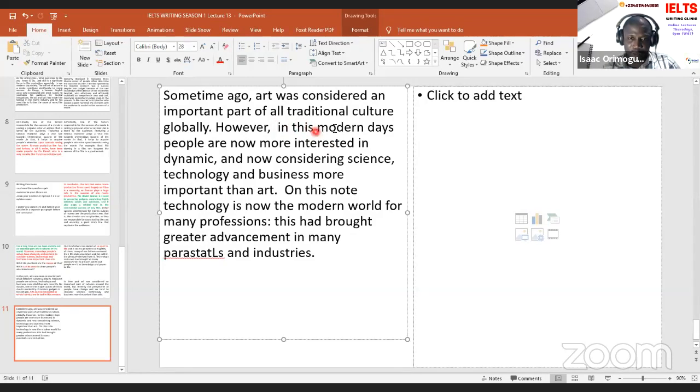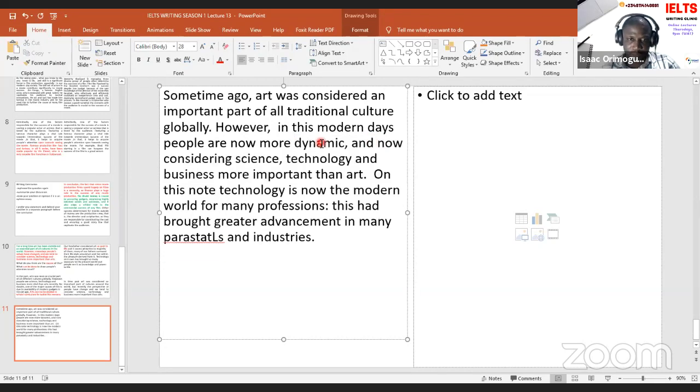"However, in these modern days, people are now more dynamic and now considering science." Okay. "On this note, technology is now the modern word for many professions. This had brought greater advancement in parastatals and industries." Please watch your spellings, because your spelling is going to constitute some of the problem.